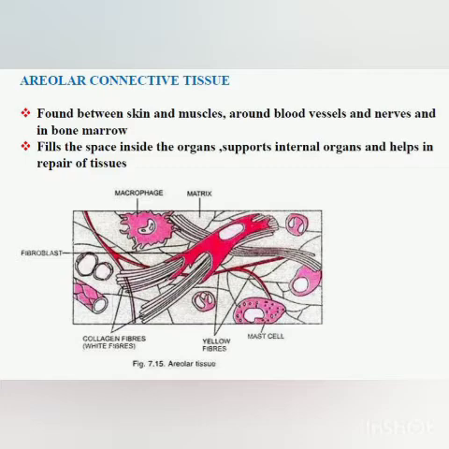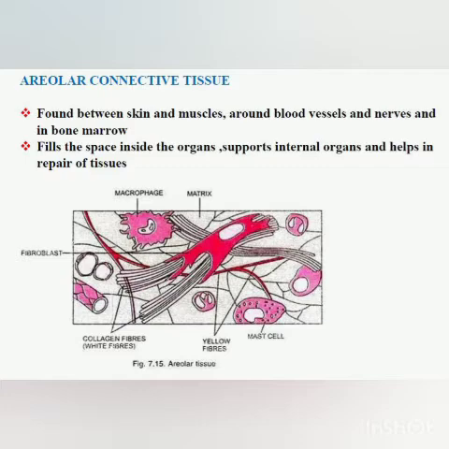Now, it is found between the skin and the muscles, around blood vessels and nerves, and in the bone marrow. It fills the space inside the organs, supports internal organs, and helps in the repair of the tissue. So areolar tissue is very much important. I hope it is clear. You have to remember the functions, all of you.